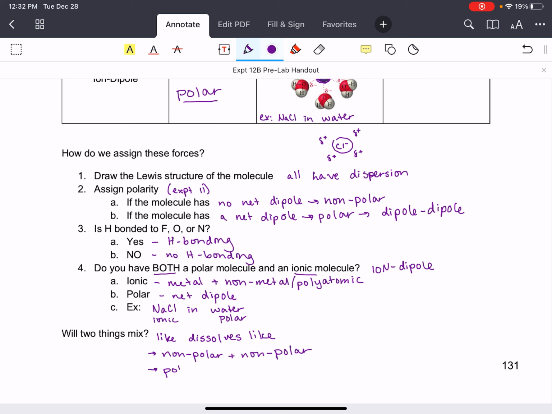If you have something polar, it will mix or dissolve in something else polar and form a homogeneous solution because they will be attracted to each other. Our other option is something ionic plus something polar, because we form that ion-dipole attraction, which is very strong. So this should help you assign the intermolecular forces and decide whether and why two things will mix.